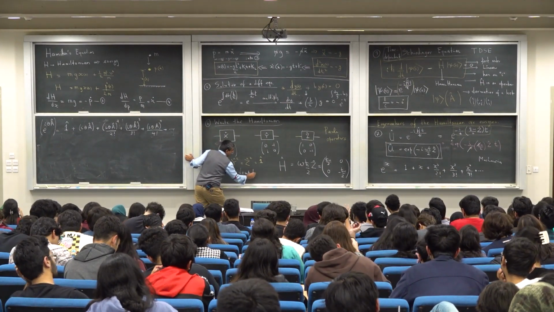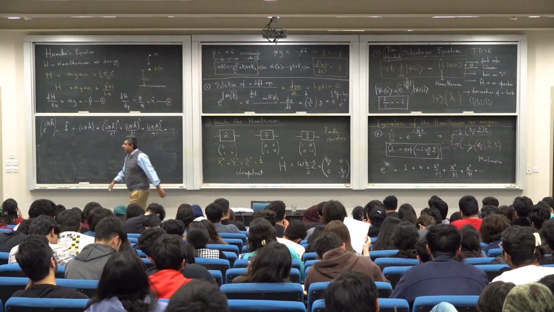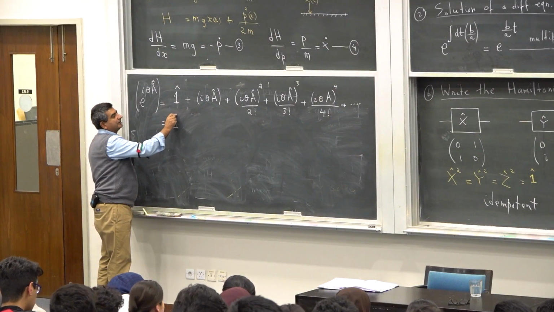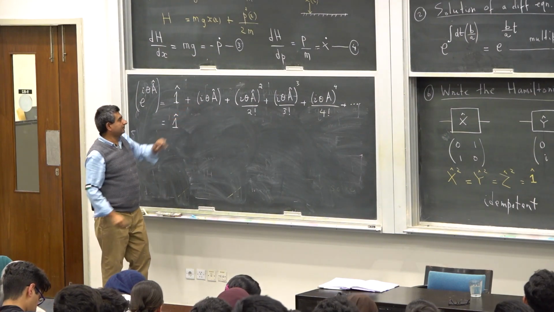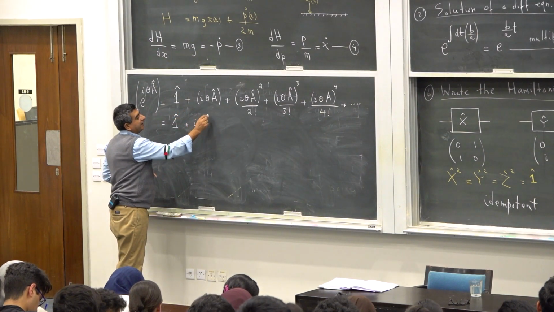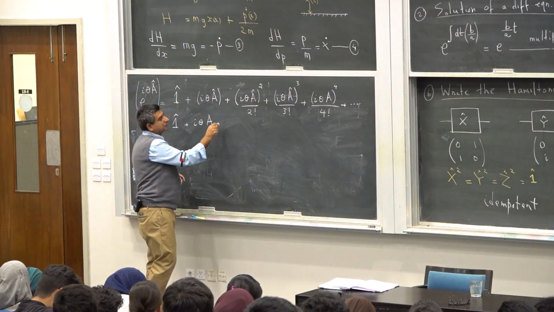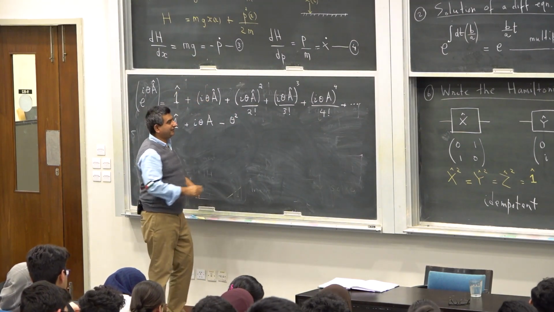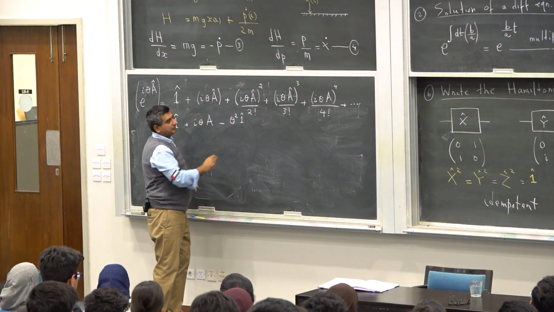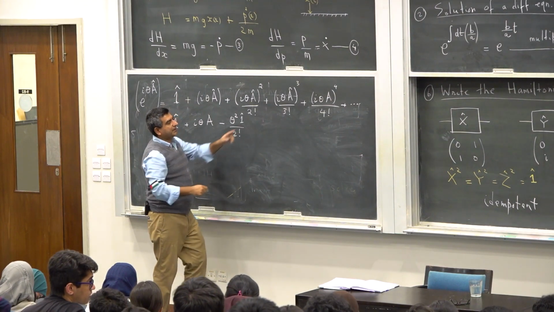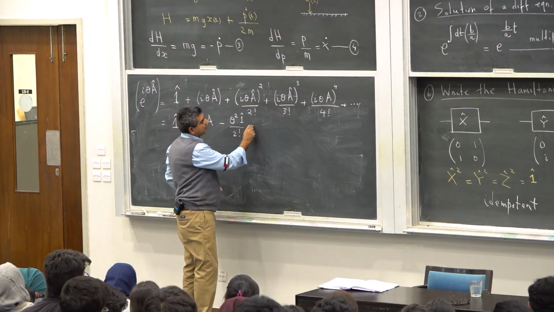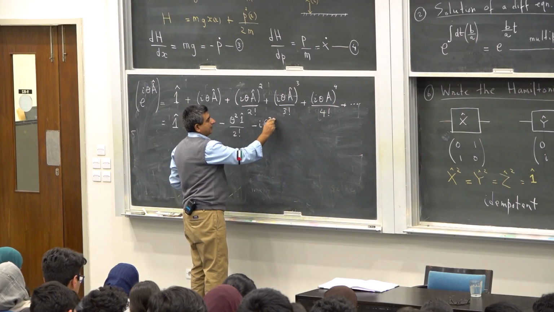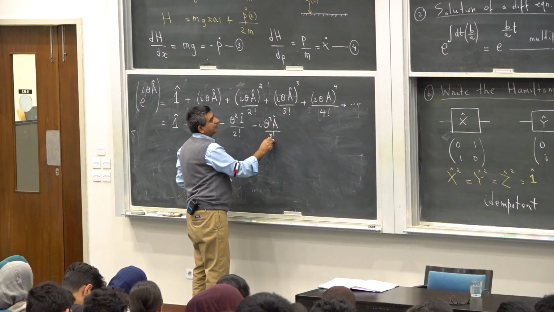You generally want x to be smaller than 1, it's a small number, but it doesn't matter, the series still holds. Plus x squared over 2 factorial, plus x cubed over 3 factorial, plus x to the fourth, and so on. All right, so this is called the Maclaurin series. x is a number, I can exponentiate x.